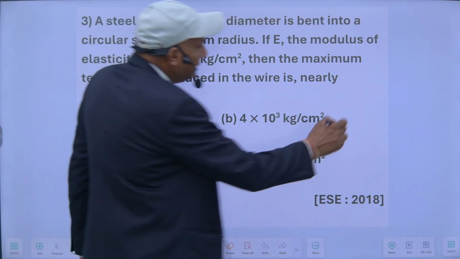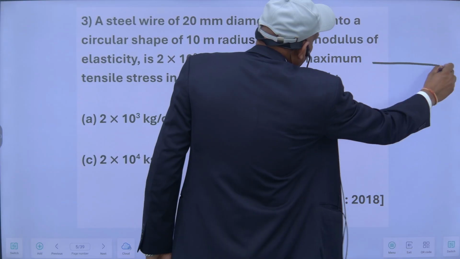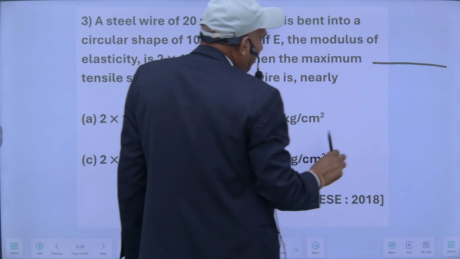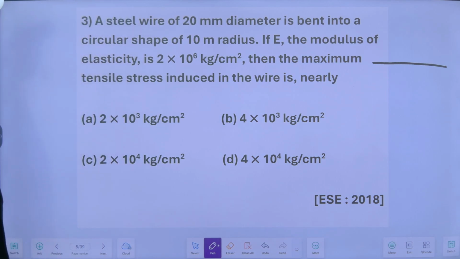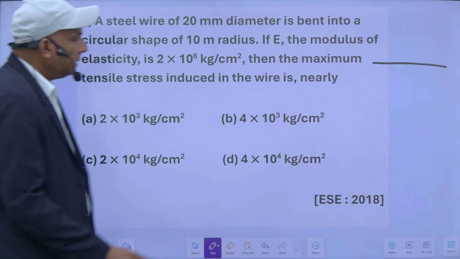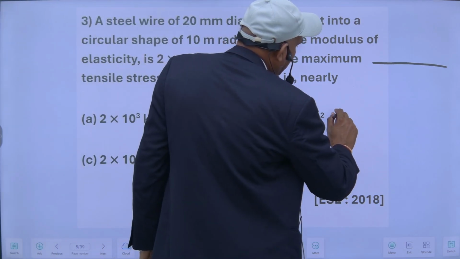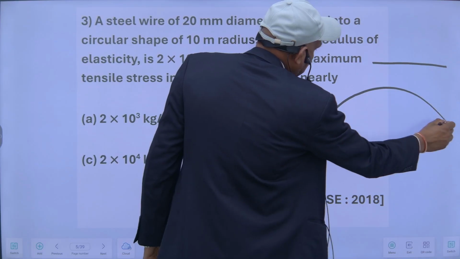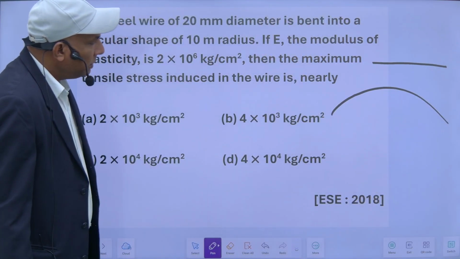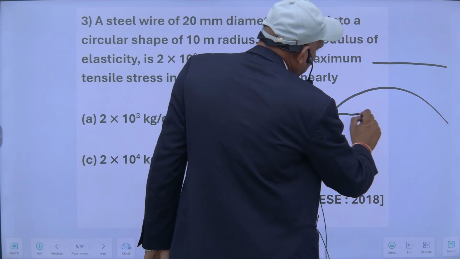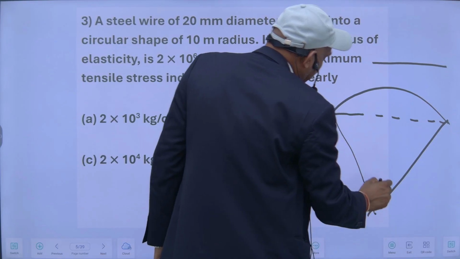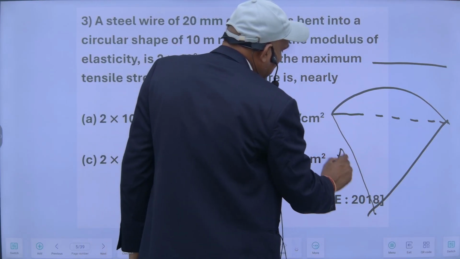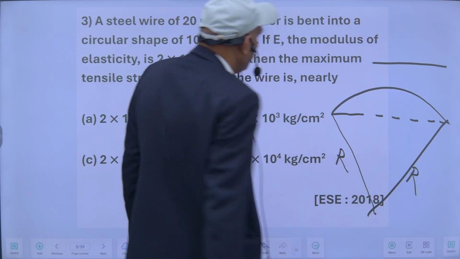So this is my steel wire, and after bending, it will bend like this, suppose. This is a circular arc, so it will be R, the radius of curvature.